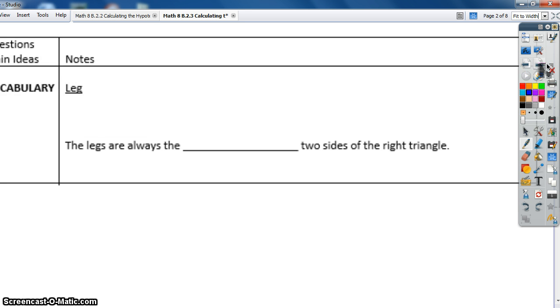The legs are always the what two sides of the right triangle? They make up the 90-degree angle, but those two sides are always the legs. They are the shortest. What was the longest? The hypotenuse, nice.